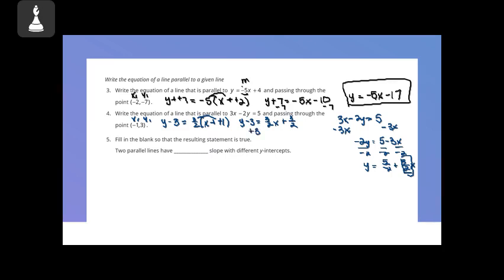So if I think about that, this is currently 3 over 1. I need to have it over 2. So I need to multiply the top by 2 as well. So 6 halves. So I need to add 6 halves to 3 halves. That will give me y equals 3 halves x, and let's see, 3 halves plus 6 halves is 9 halves.